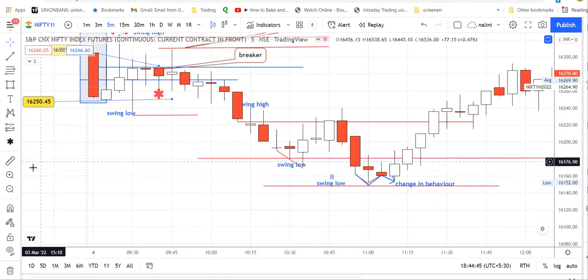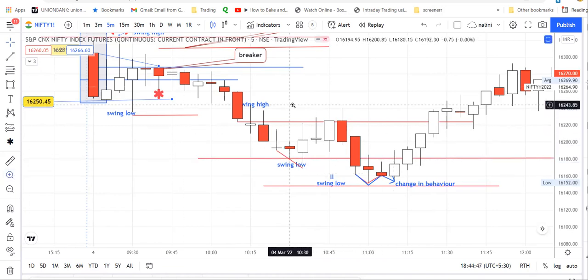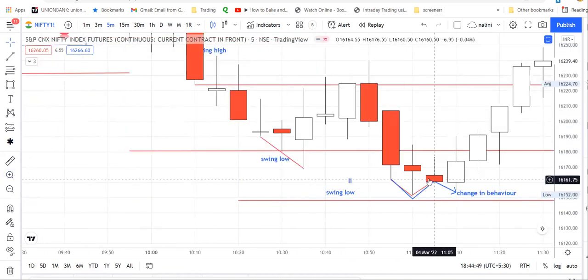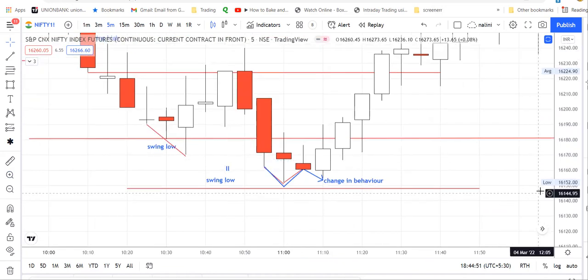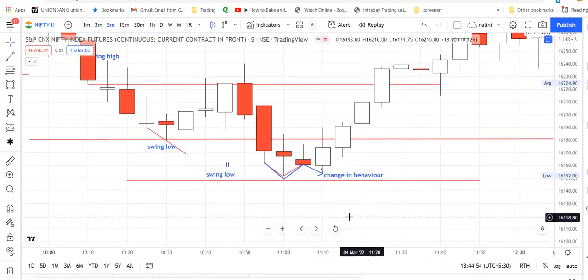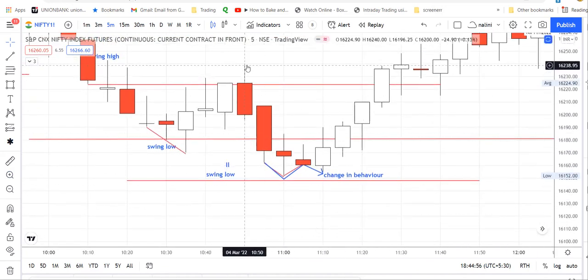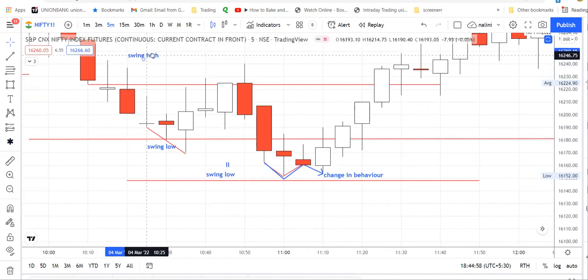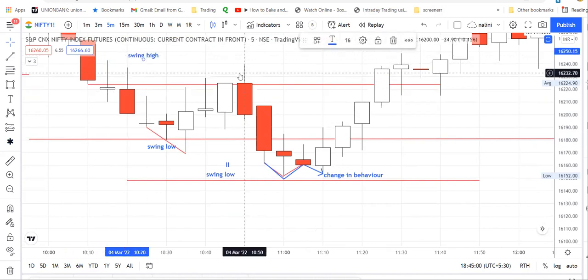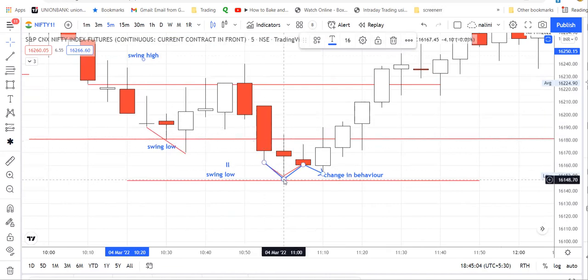But when it started coming down, here in this region, you can see the change in behavior. See, this was the swing high, and it started making lower lows, but you can see the same pattern over there.